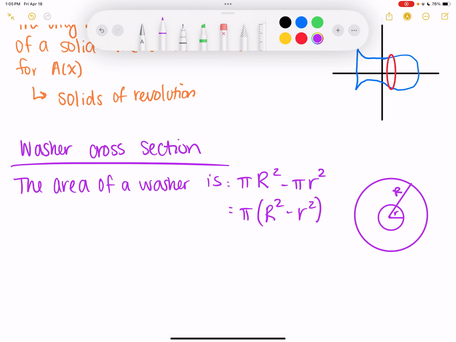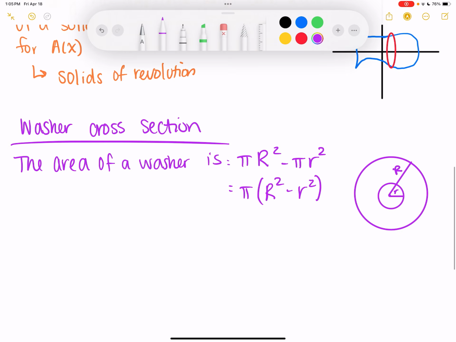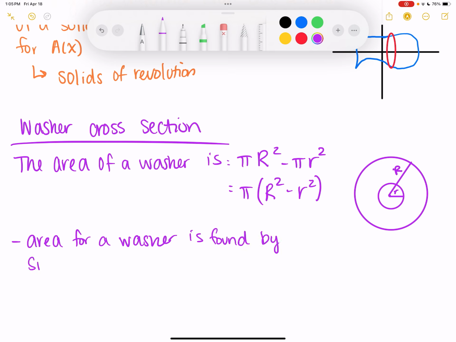I'll write it, but I think y'all got this. Area for a washer is found by subtracting inner from outer.